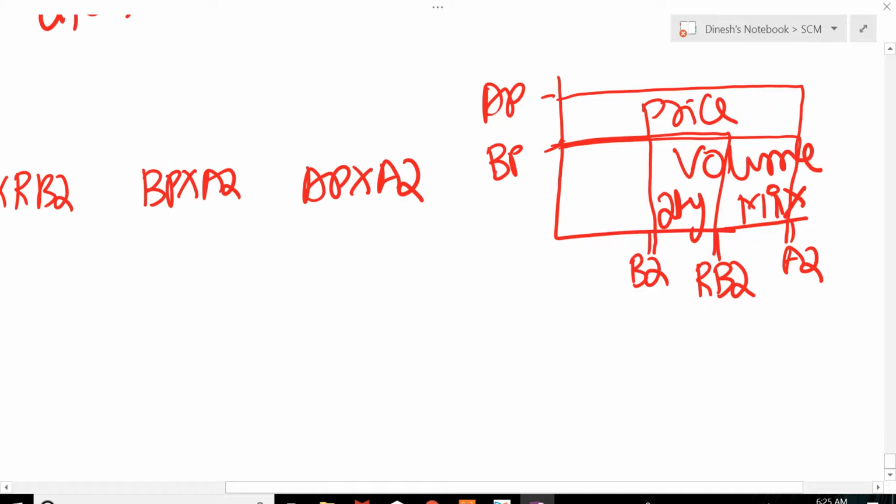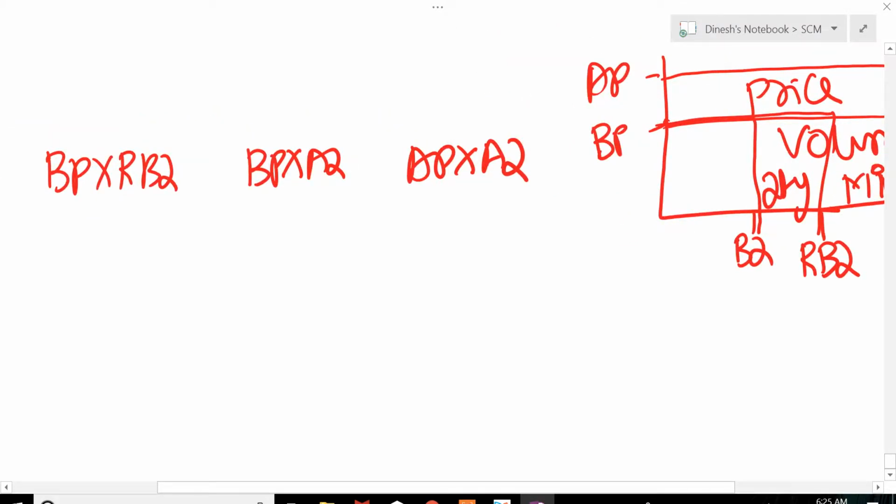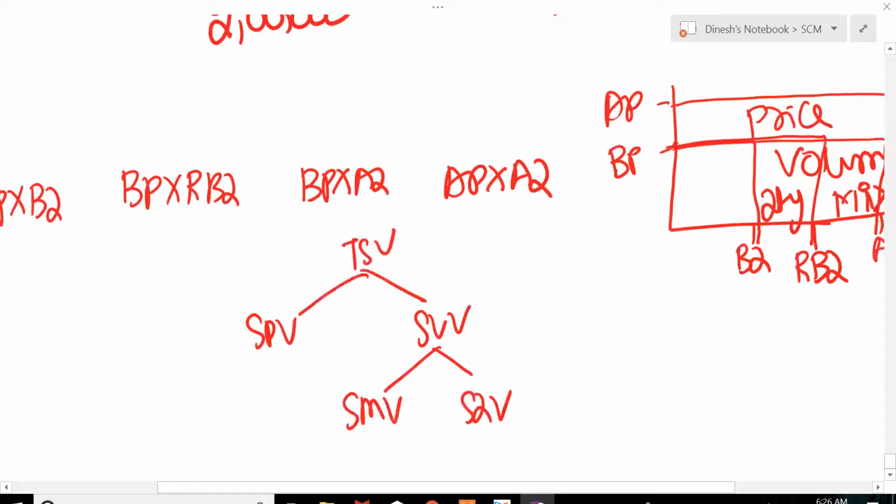Sales price variance, BP into AQ minus AP into AQ. So the rectangle will take you to the formula, and to the computation table. Everything is going to come from the chart. So now the broad variances were total sales variance split into sales price and sales volume, split into sales mix and sales quantity.